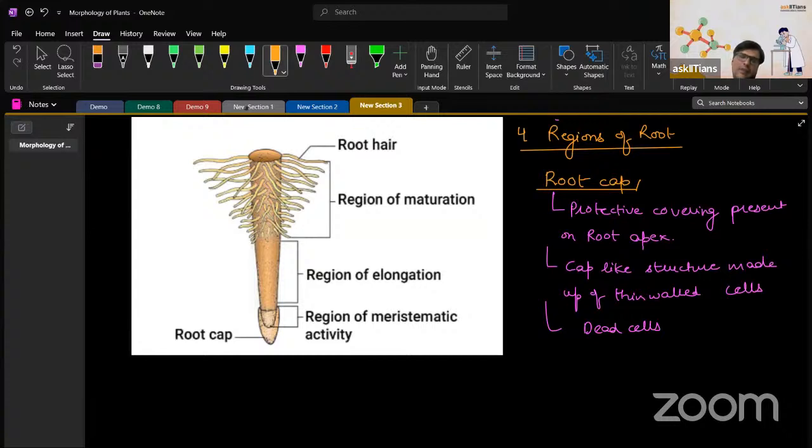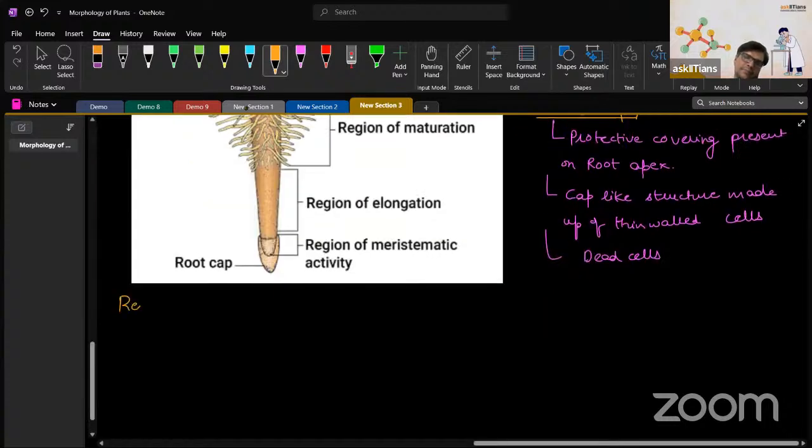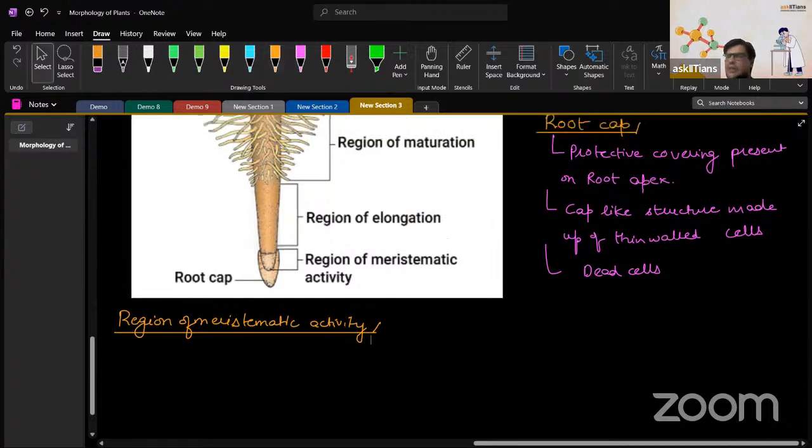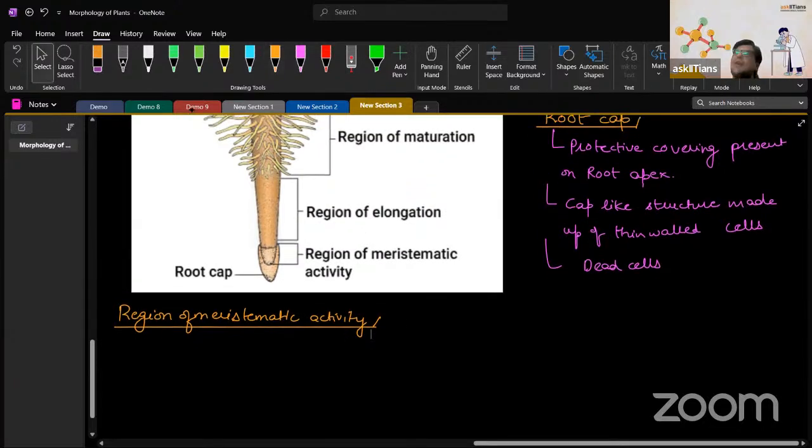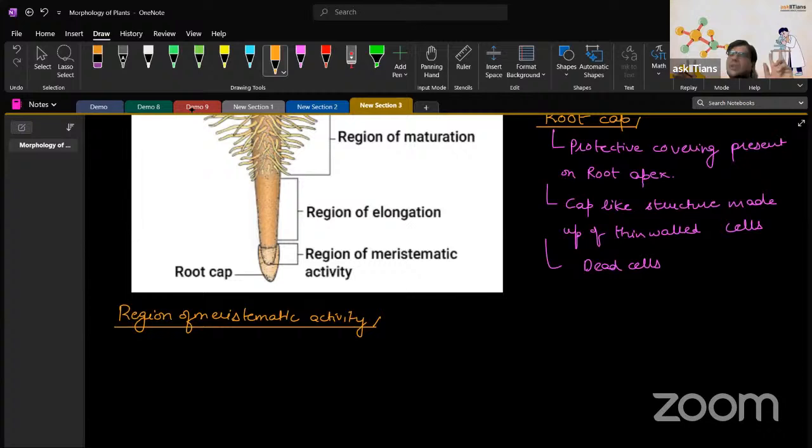The next region is the region of meristematic activity. First of all, we need to understand that, just like animals have stem cells, plants have cells with the ability to divide again and again and develop into different kinds of other cells, right? Differentiation. There are two types of cells in plants: the meristematic cells and the permanent cells, or permanent tissue.